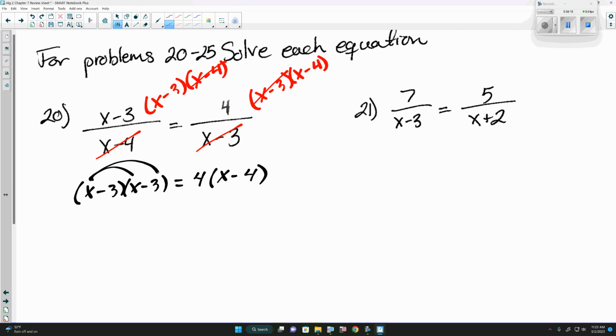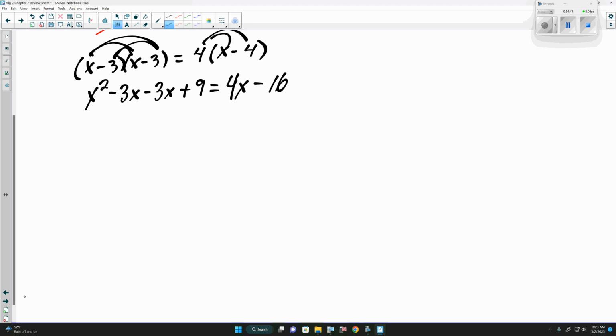So that when we distribute, x times x will indeed give us x squared. X times negative 3 is negative 3x. Negative 3 times x is negative 3x. And negative 3 times negative 3 is going to be plus 9. On the other side, we'll distribute the 4, and we'll get 4 times x is 4x, and 4 times 4 is negative 16. Any questions on this so far?